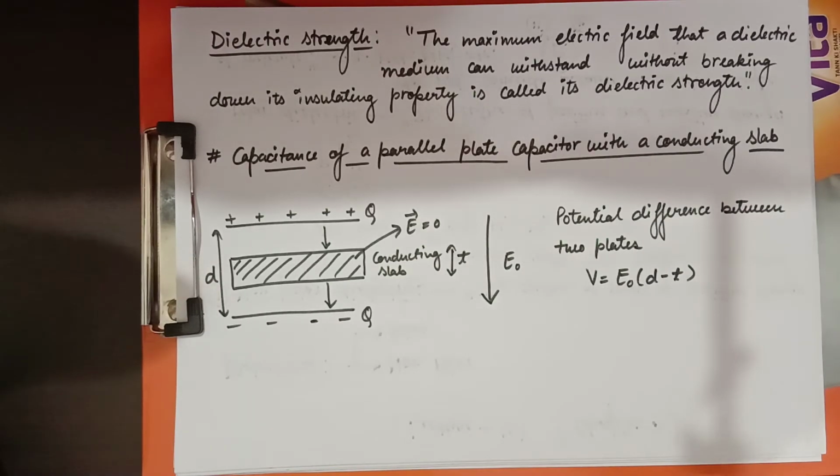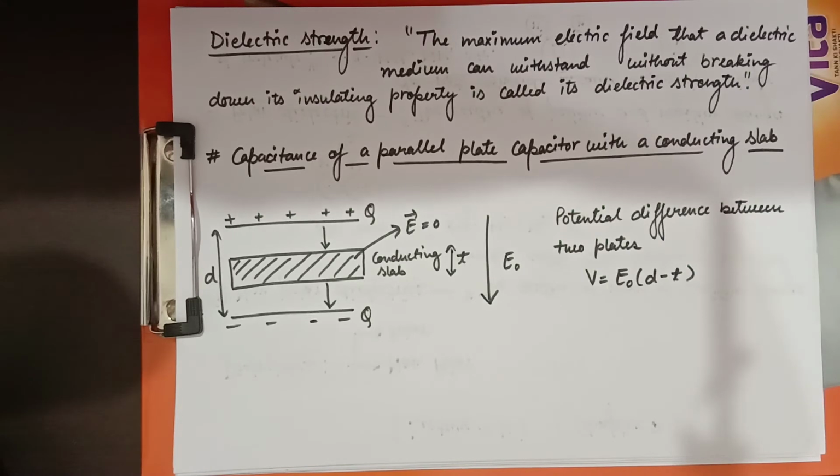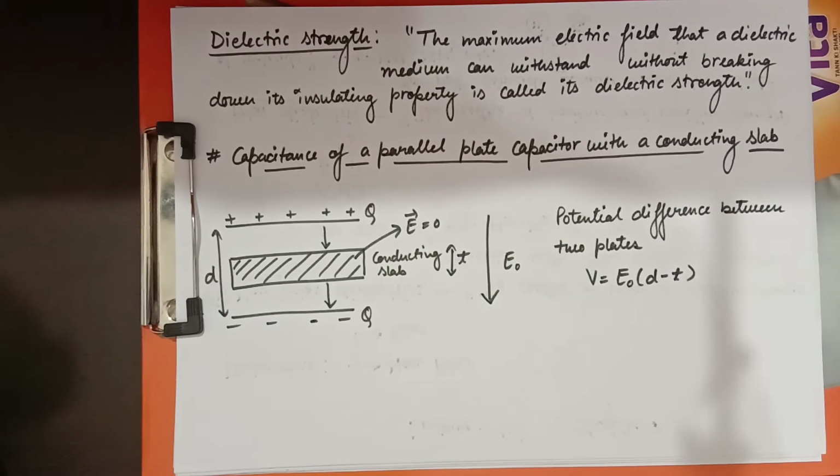From Gauss's theorem, we have calculated E between the two plates. When the two plates are oppositely charged, then electric field in between the plates is equal to sigma upon epsilon naught, where sigma is the surface charge density of plates and epsilon naught is permittivity of free space.